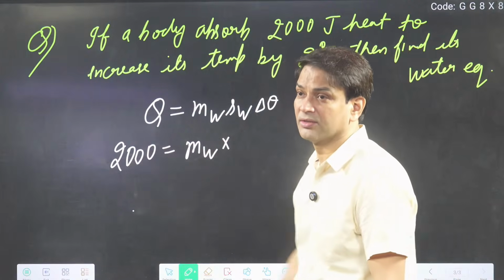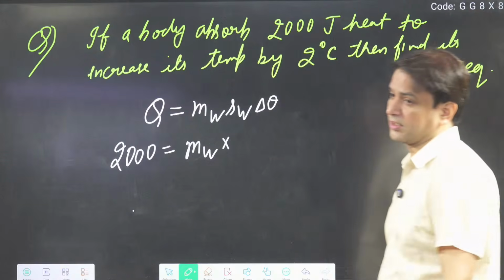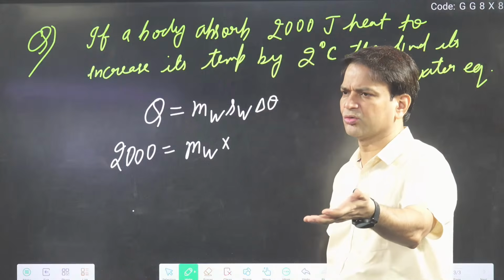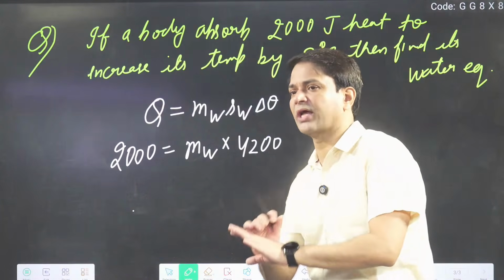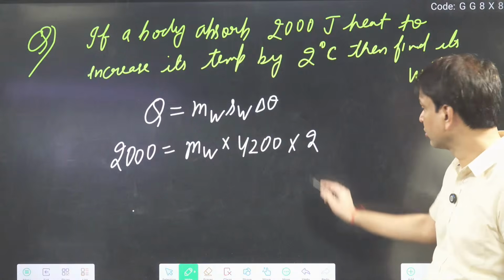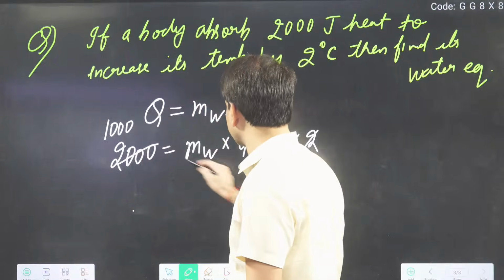Everybody getting or not? Suppose you want to find the mass in kg; after that we can convert into gram. SW I will put 4200, following the SI unit. Delta theta I gave is 2. Now 2 and this become 1000, and the zeros cancel out.